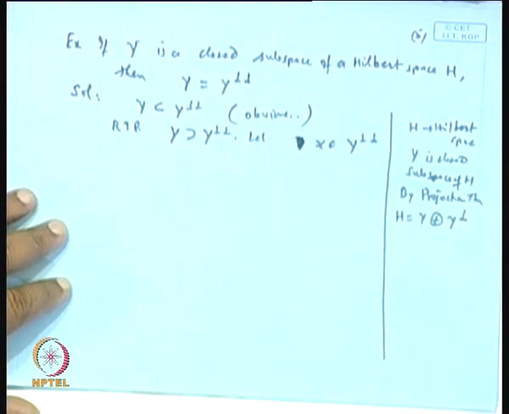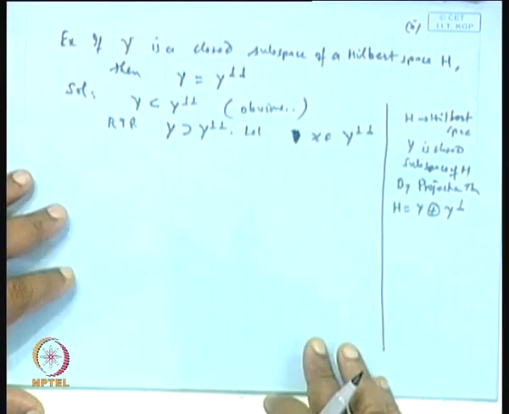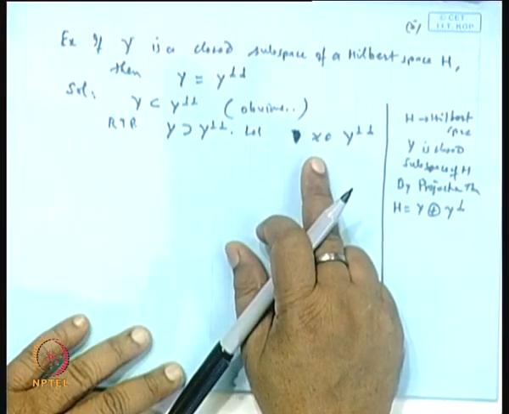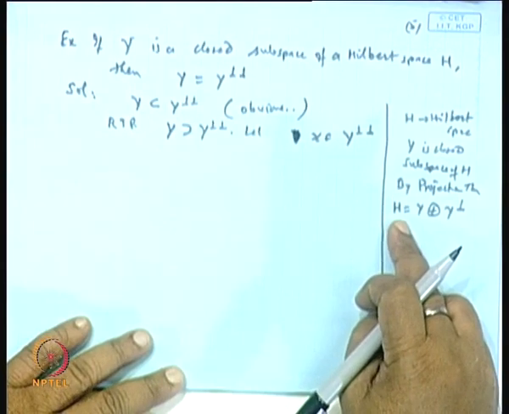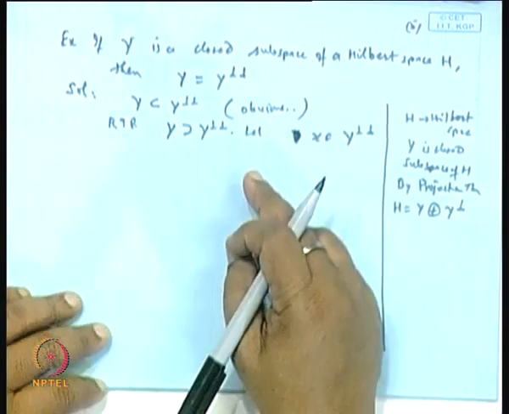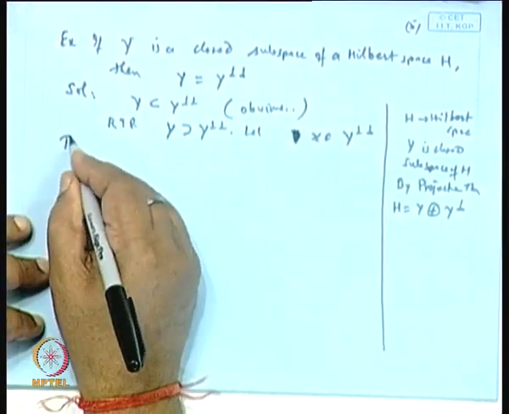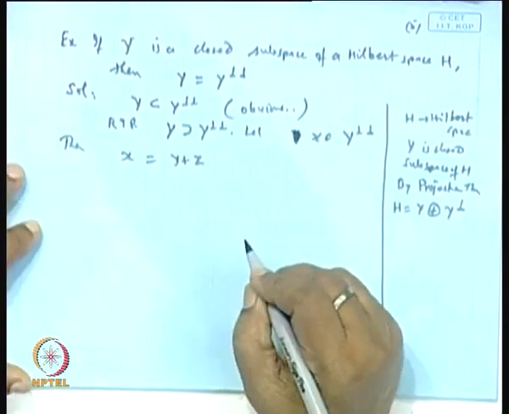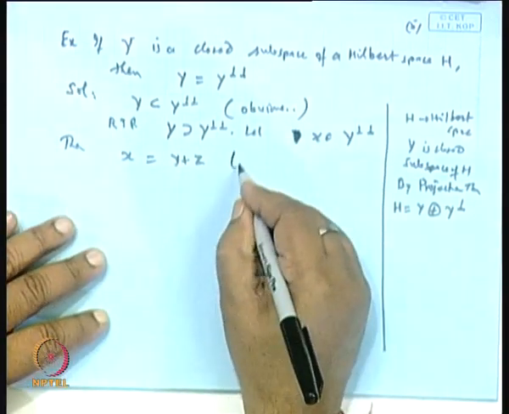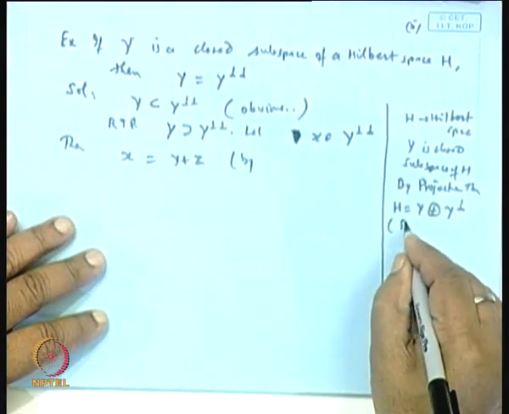Is it not clear? It means whenever you take any point x belonging to Y perpendicular perpendicular, it must be a point of H also. So, from here we can write x as y plus z, by the projection theorem.